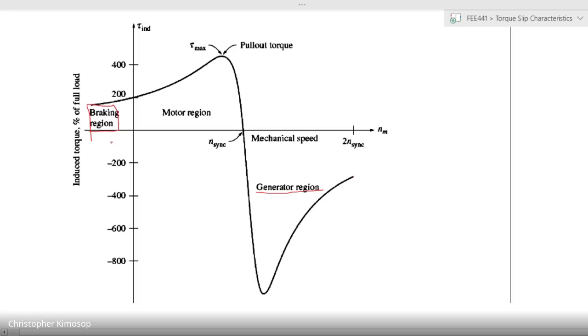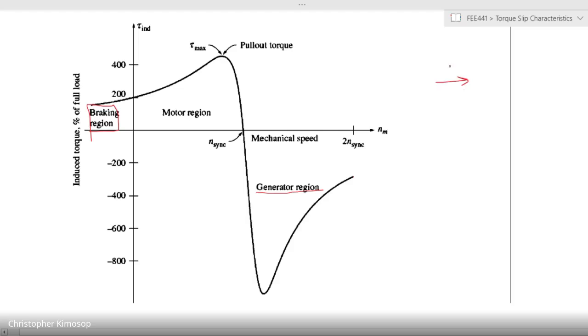If your slip is greater than 1, if the slip changes relative to what the motor is supposed to do, we now enter what is called the braking region, because the motor is turning backwards relative to the direction of the rotating magnetic field. So what does that mean?